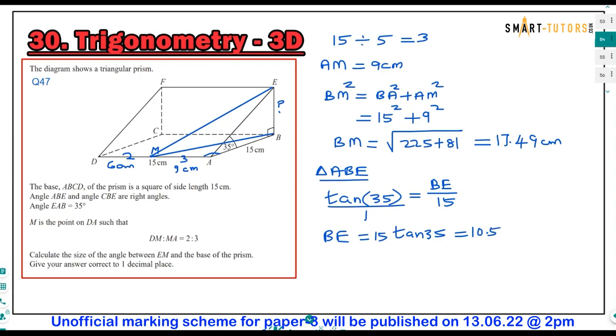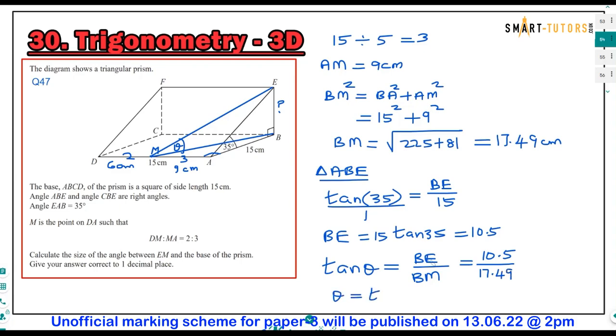Now the angle in the question is this angle they are asking, right? So basically again, tan theta equals BE divided by BM, right? BE is 10.5 and BM is 17.49.